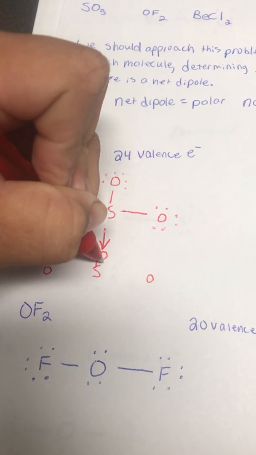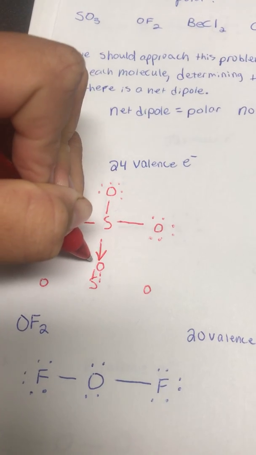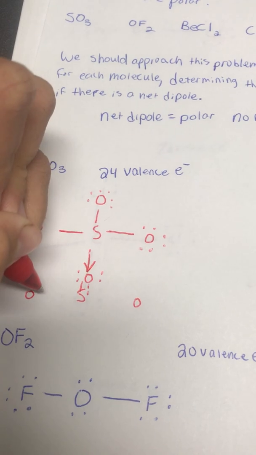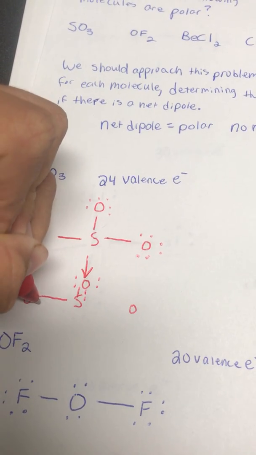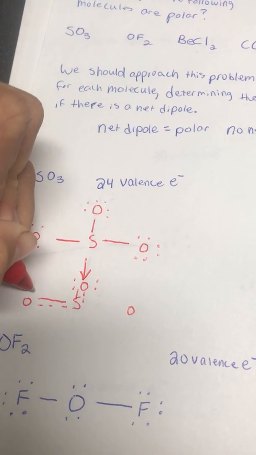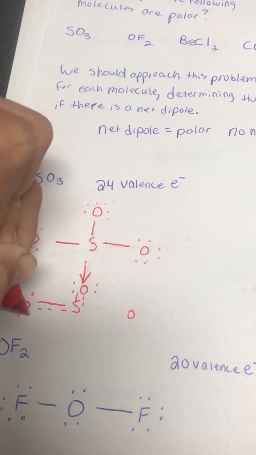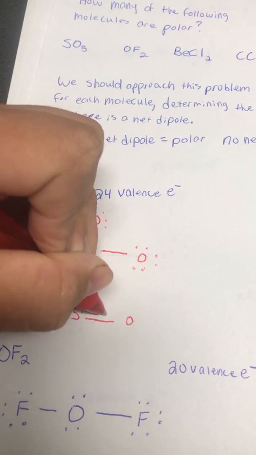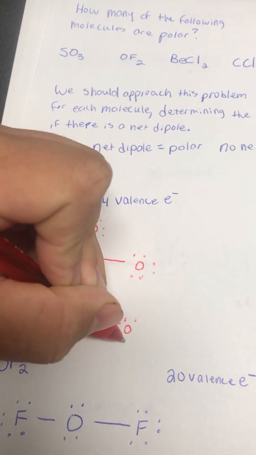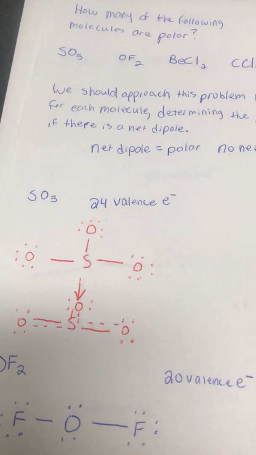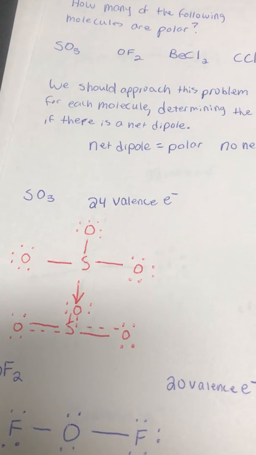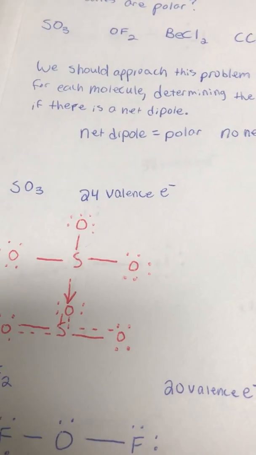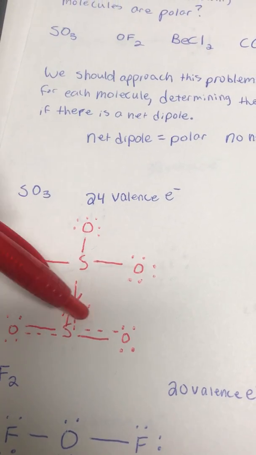There's going to be a bond here, partial bond there, 2 pairs of electrons left, bond here, partial bond, and 2 pairs of electrons left on that oxygen, and it will be the same thing on this final oxygen. Now our central atom has an octet, and all 3 bonds, all partial bonds, are equal.